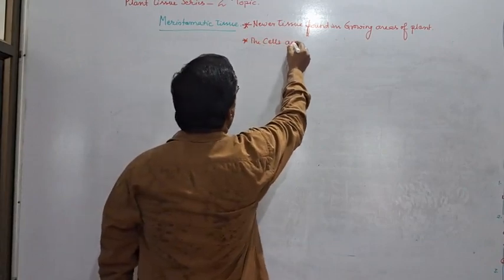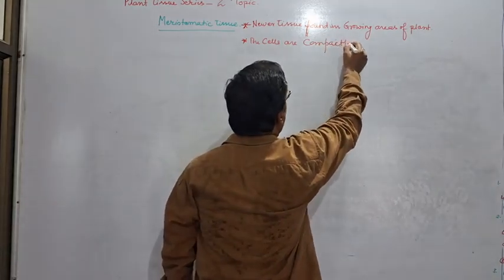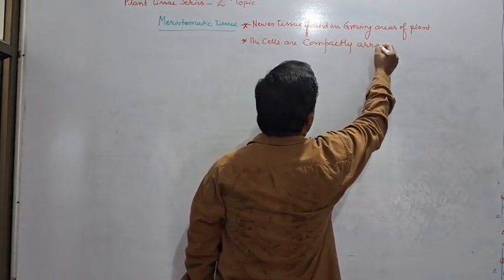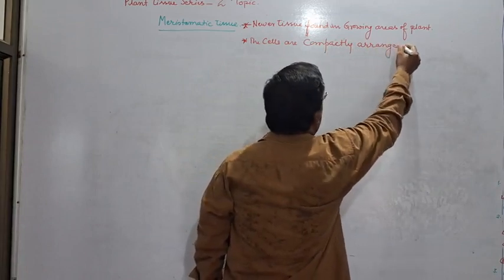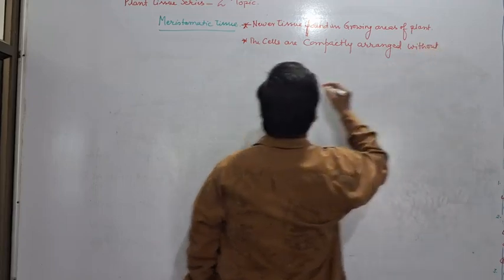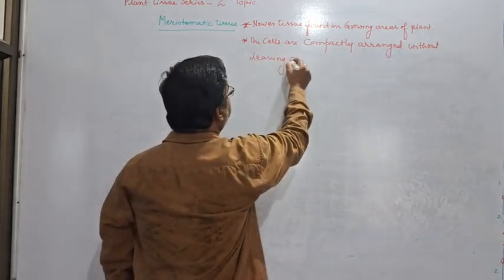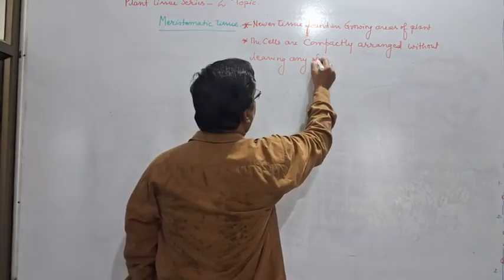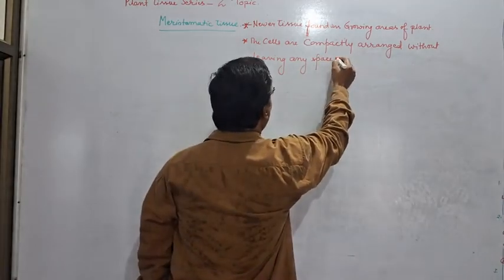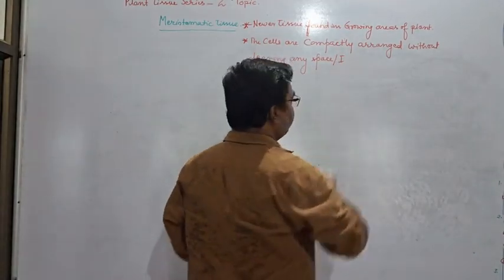Second, the cells are compactly arranged without leaving any space. What should that space be called? Intercellular space.